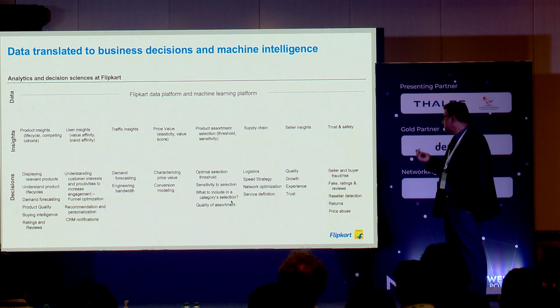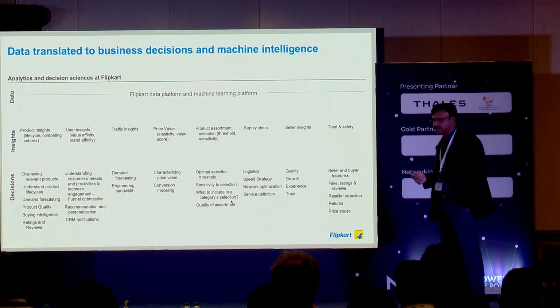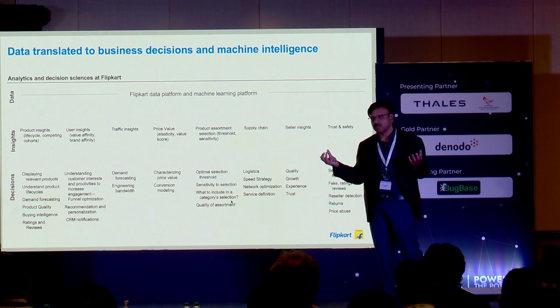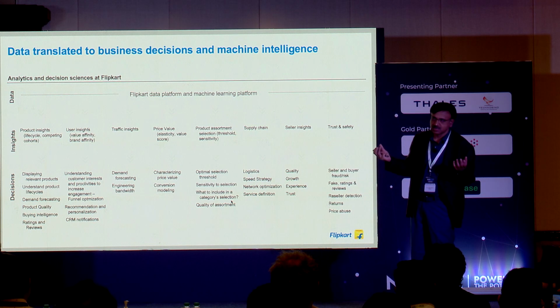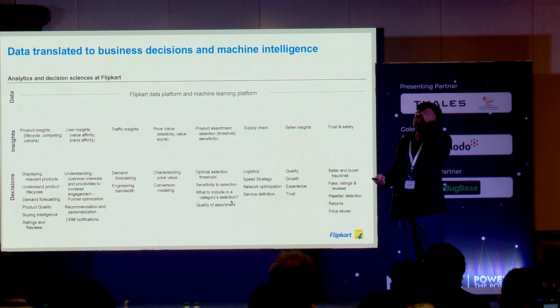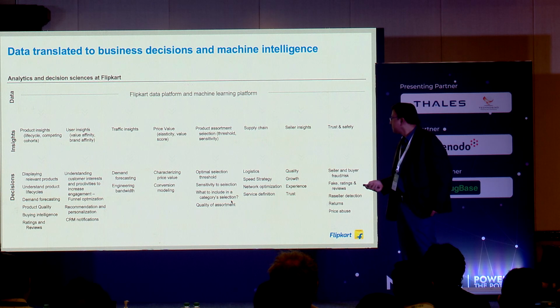Seller insights have been growth, quality, experience, trust, and safety. This is another area, because we have a two-sided platform, a seller and a customer, and we want to make sure both of them operate with the highest level of integrity.